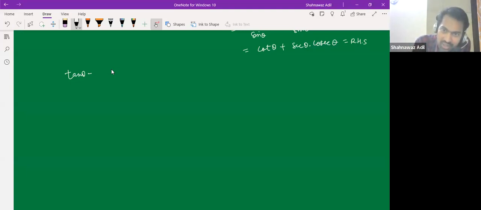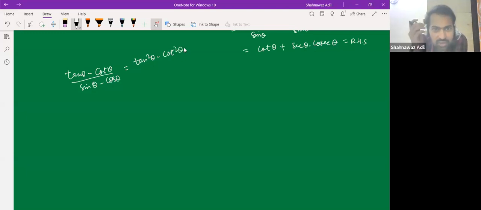Okay, backup classes plus cot theta divided by sine theta minus cos theta. And this we have to prove that tan squared theta minus cot squared theta. So this we have to prove, right?